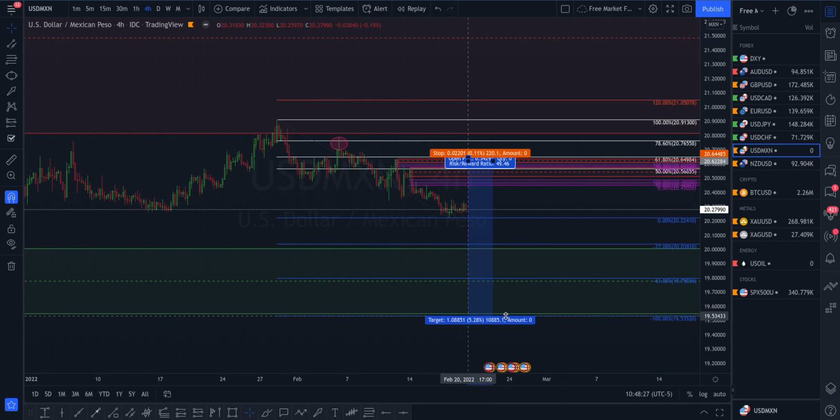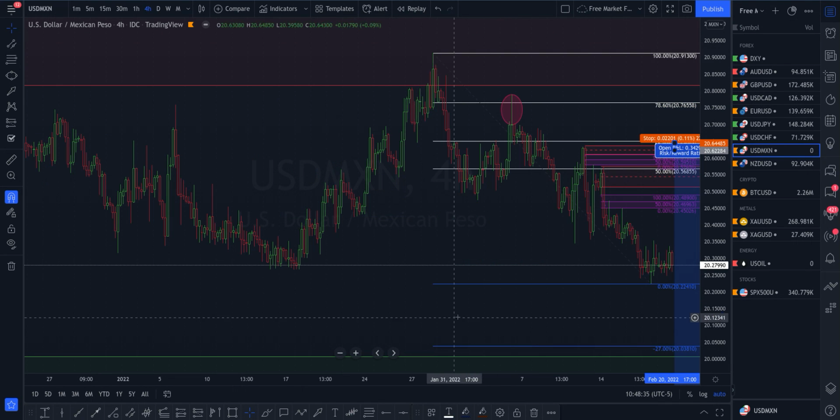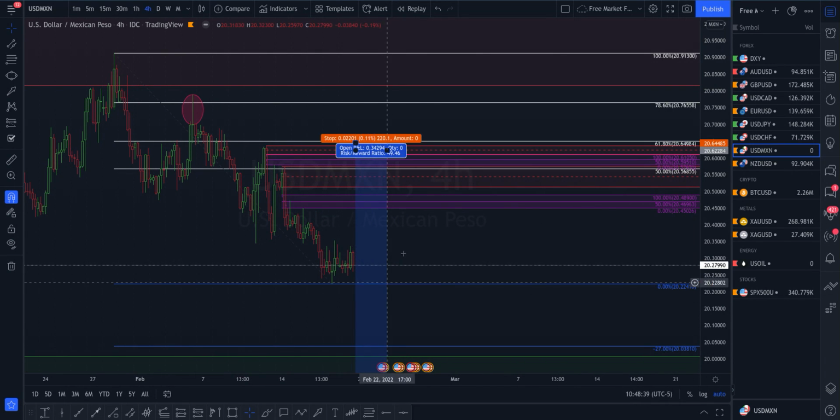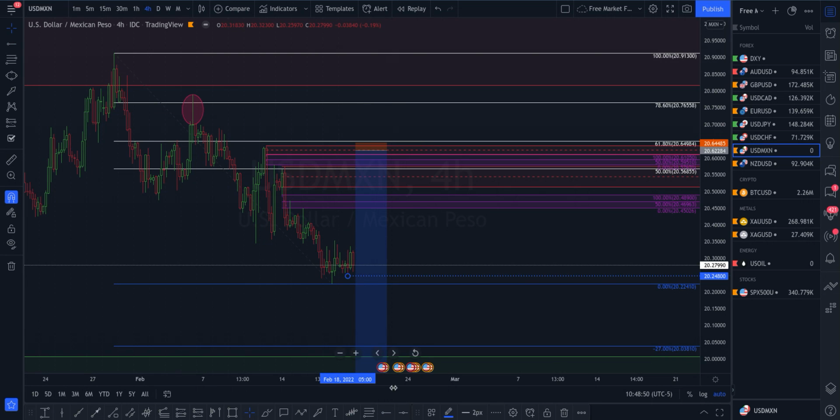If we get a full 100% retracement or extension, that would be our ultimate take profit. We're going to have to wait for market structure to be built out, but of course we'll take partial profit at the 0%. I would even say to look into taking partial profits in these areas.